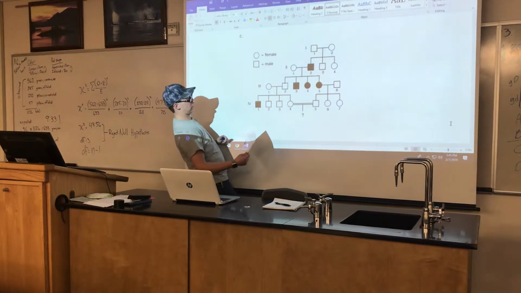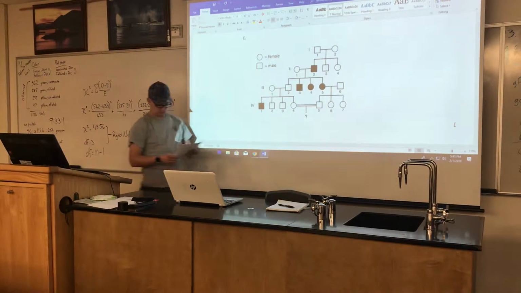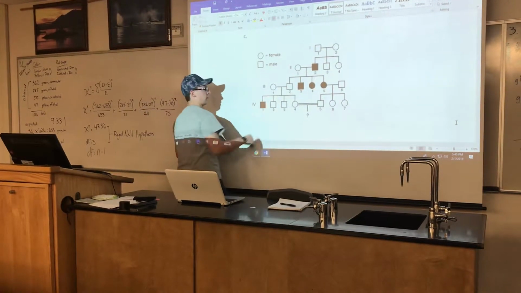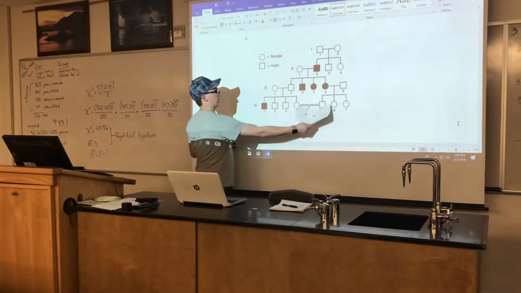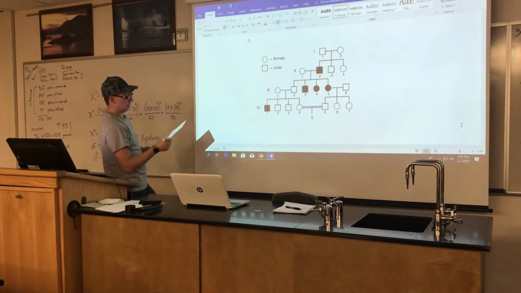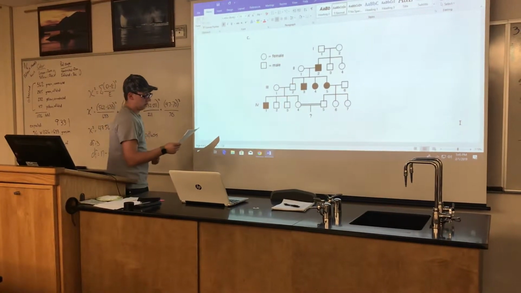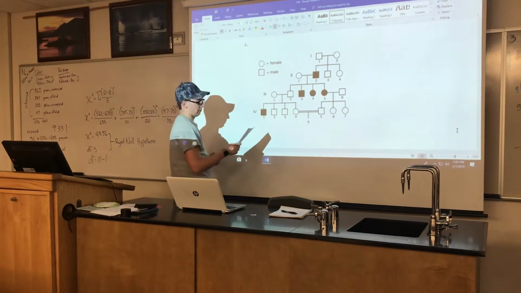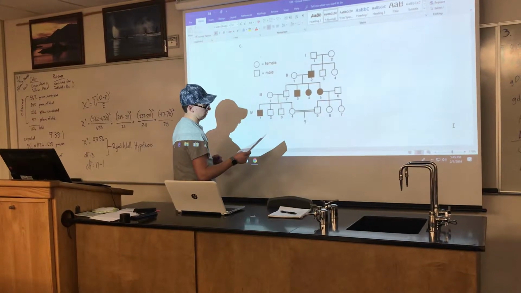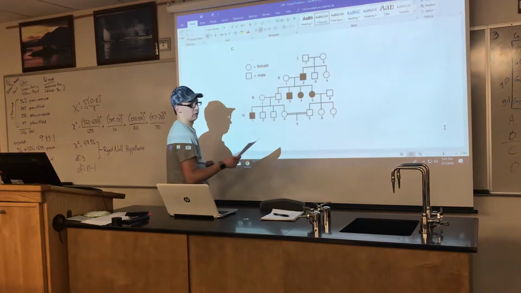Where'd it go? Oh yeah, sorry. Skips this first generation here, then we have an affected one in every generation after that, except for here, which is another skip generation. So it's not autosomal because the males and the females, okay, sorry. It's not autosomal because just the males are affected, right?